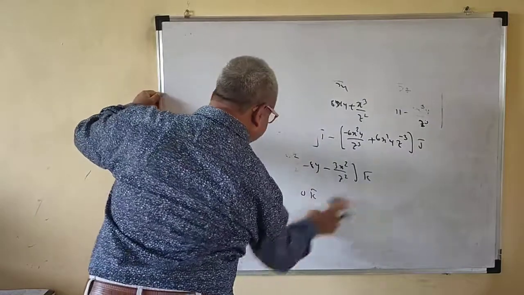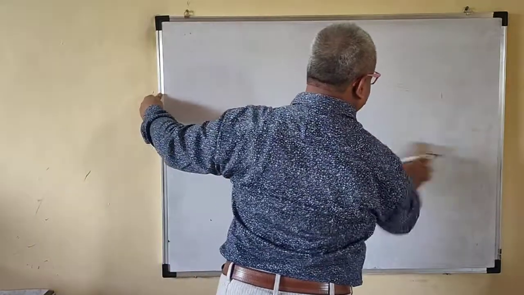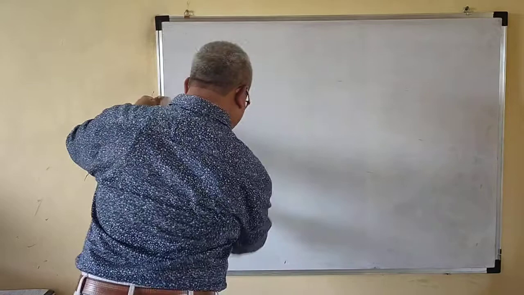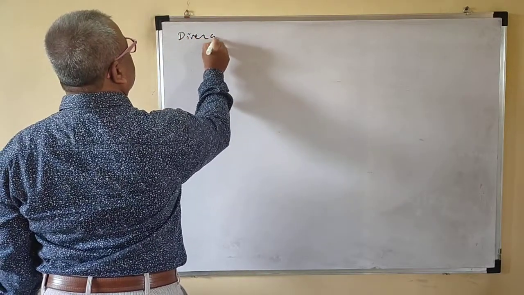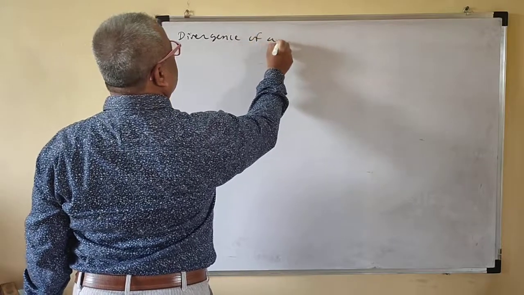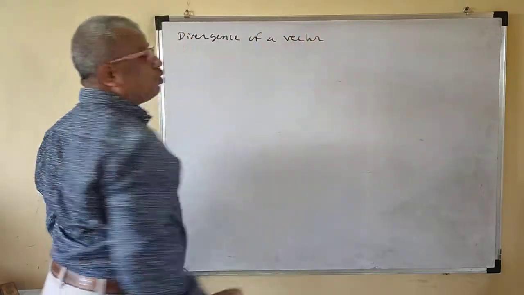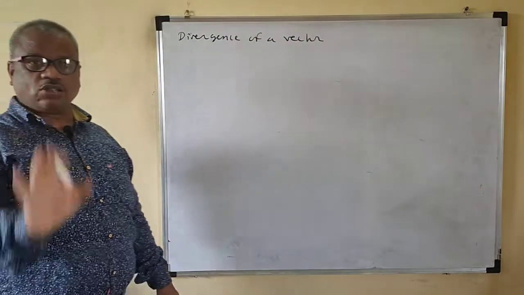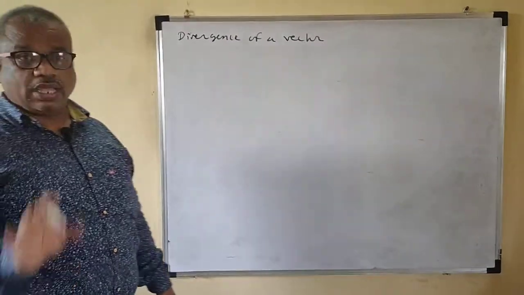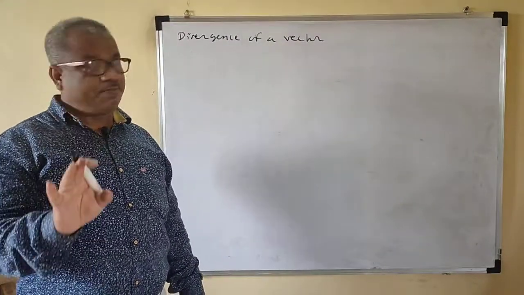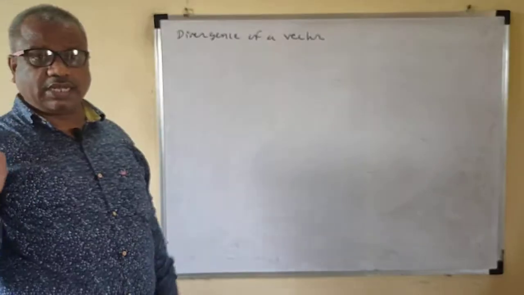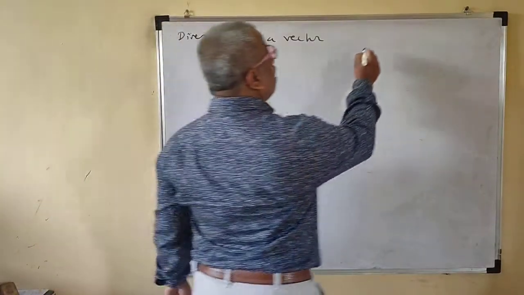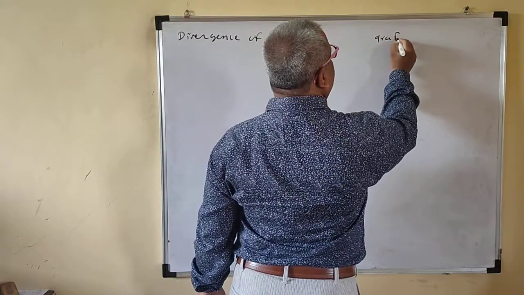the divergence of a vector. Note the gradient of a scalar, the curl of a vector, and the divergence. The gradient of a scalar is a vector quantity: grad phi, or grad f.